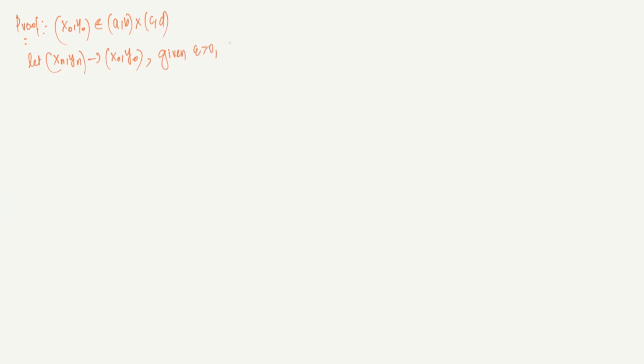Given epsilon greater than 0, there exists delta greater than 0, such that |u(x_n, y_n) - u(x_0, y_0)| is less than epsilon for all norm of (x_n, y_n) minus (x_0, y_0) less than delta. That's what continuity means, right? This is continuity in terms of epsilon and delta.